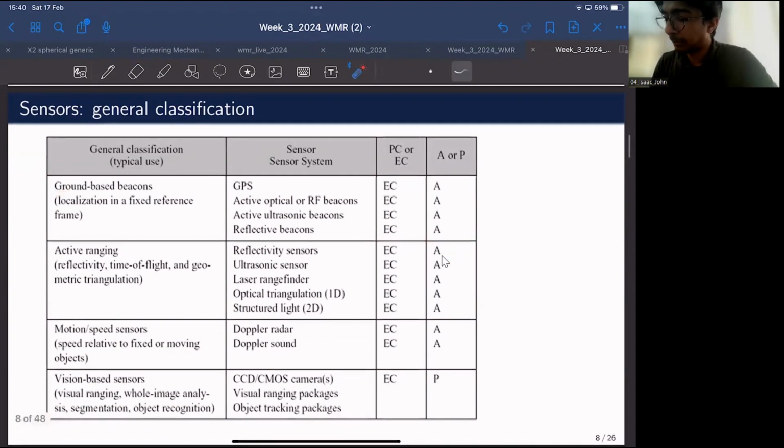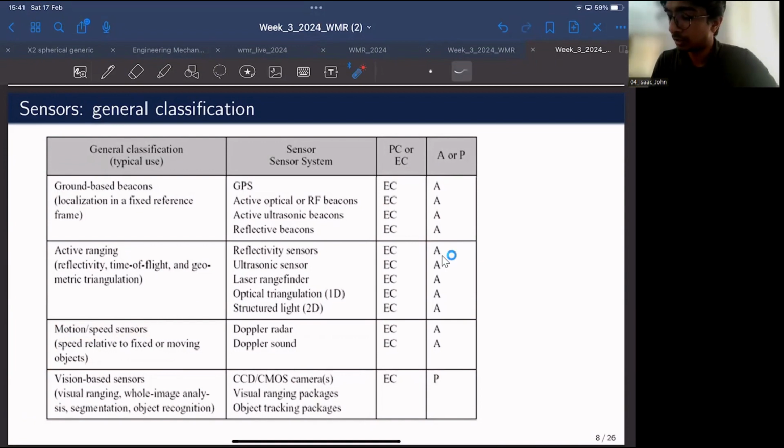Yeah, and a similar thing, like motion speed sensors, to have a measure of speed or motion of a moving object, you can use the Doppler principle, to measure the relative change of frequency as a measure of how fast an object is moving away from a receiver or towards a receiver.